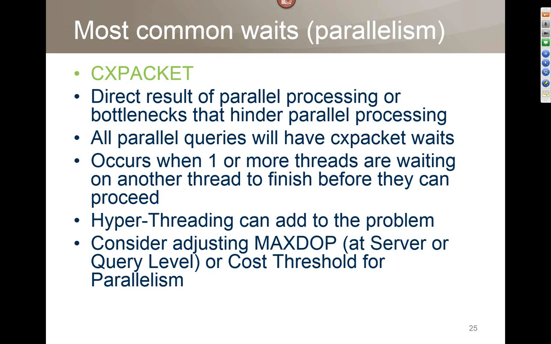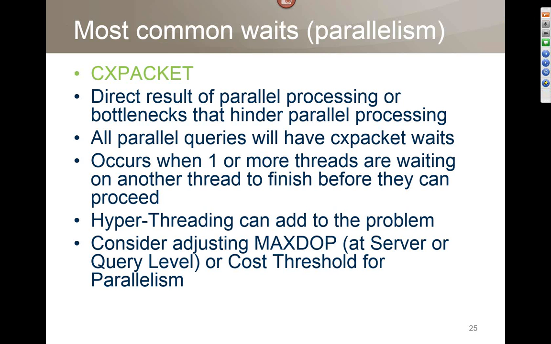So when that thread that was doing its work says, hey, I can't do any more because I'm waiting on the other guys, yes, it goes into a wait state called CXPACKET wait. It gets pulled off the core and goes into the queue, and somebody else goes on, some other guy running a query that can work. So when that data does become available, it's got to get put back on again, just like any other wait.